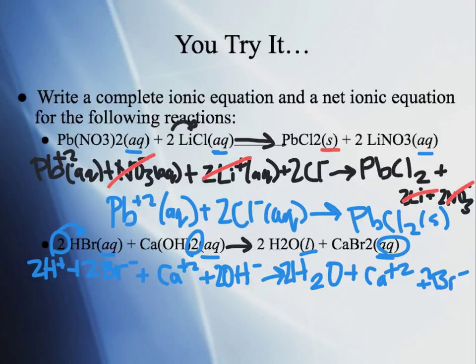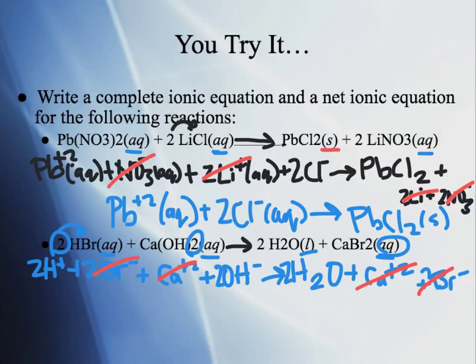All right, so next we have to put those spectator ions on the chopping block. So again, look at the products first, okay, and then see if they've got corresponding ones on the reactant side. They always will. All right, so bromine is on the chopping block. He's there before and after. Calcium's on the chopping block. He is there before and after.